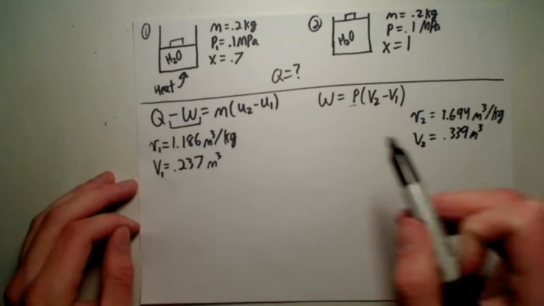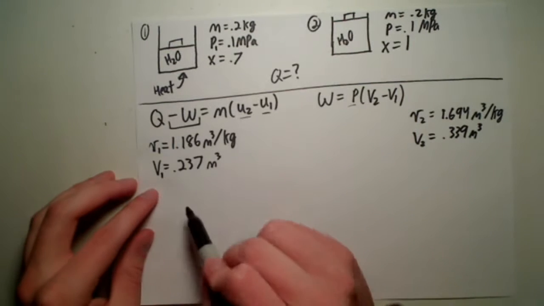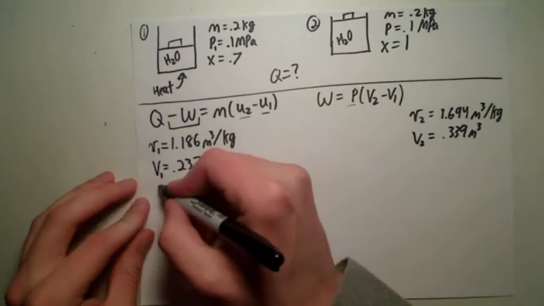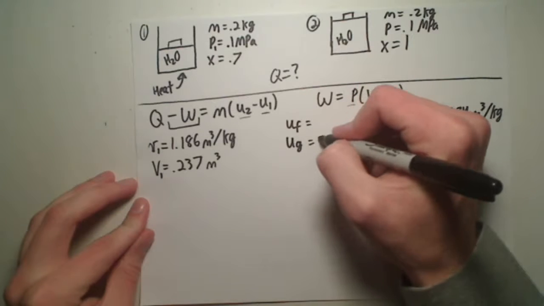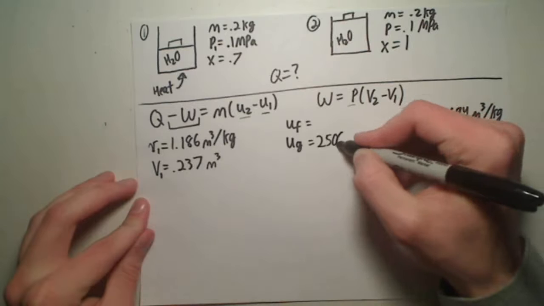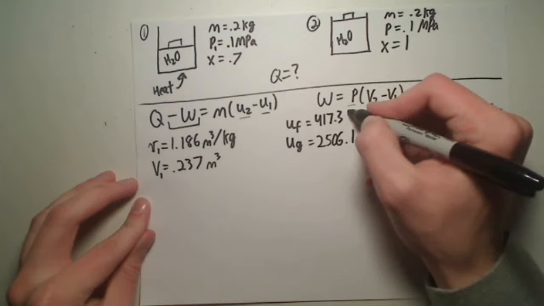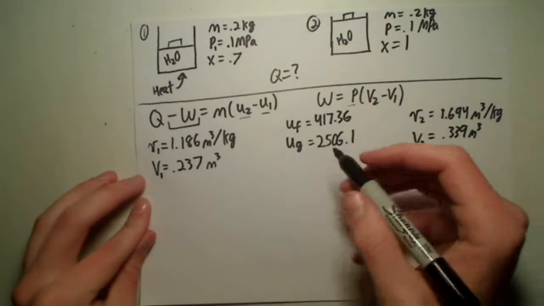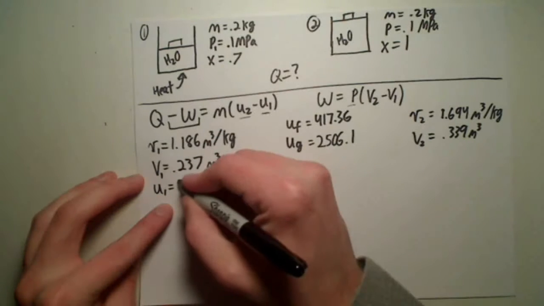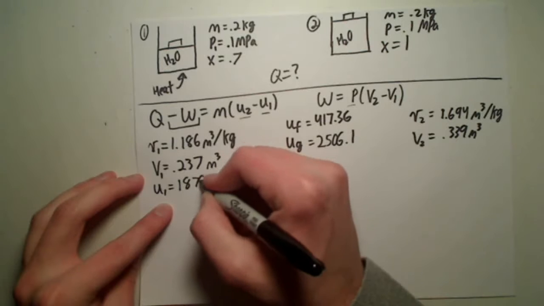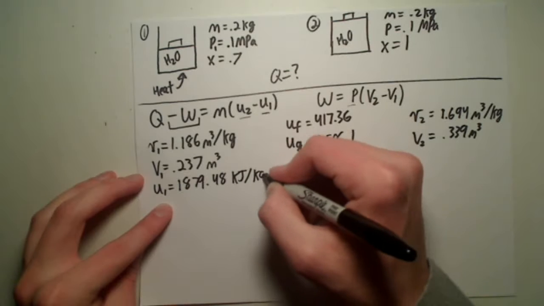Next, we're going to find the internal energy of each state, because we also need to know these 2 values in order to find Q. So U_f, U_g, and the internal energy of 1 is 1879.48 kilojoules per kilogram.